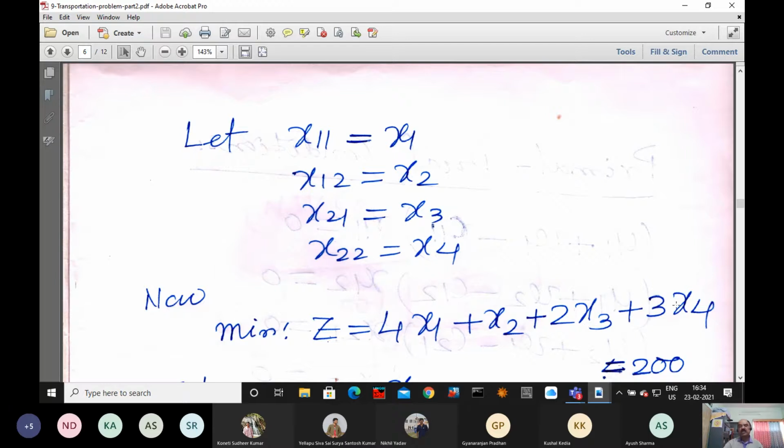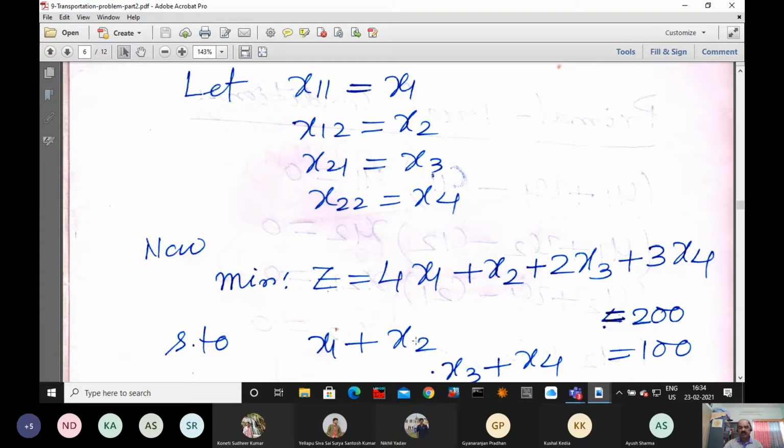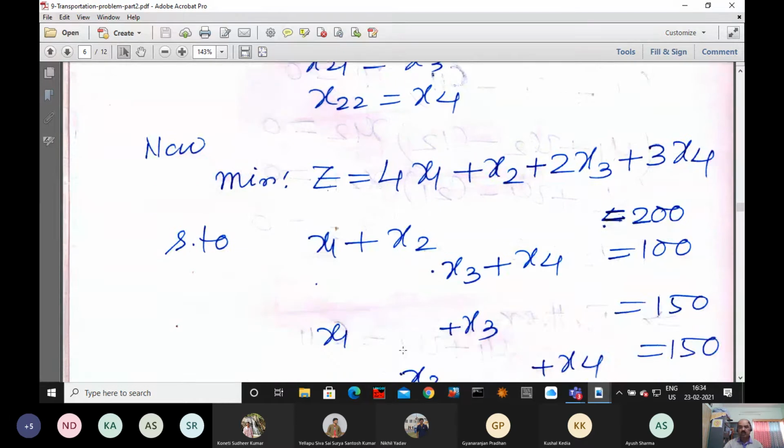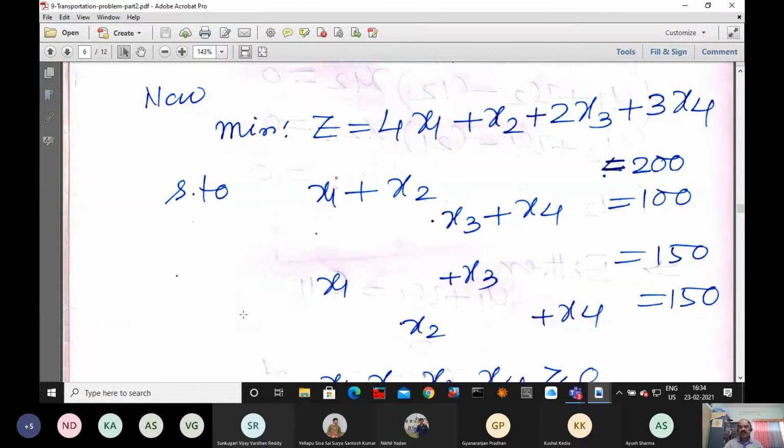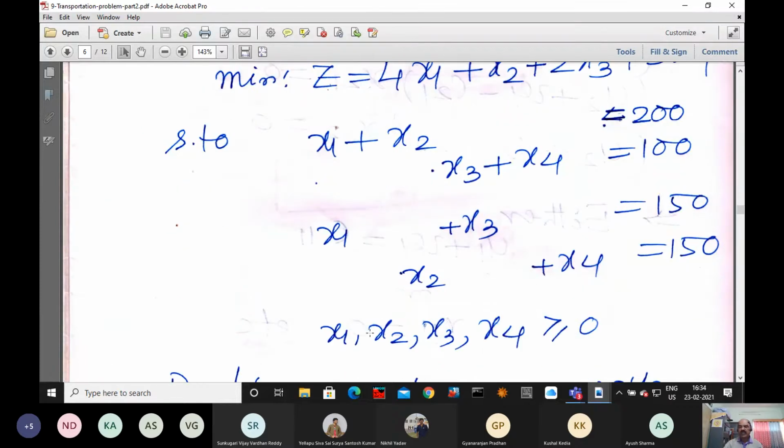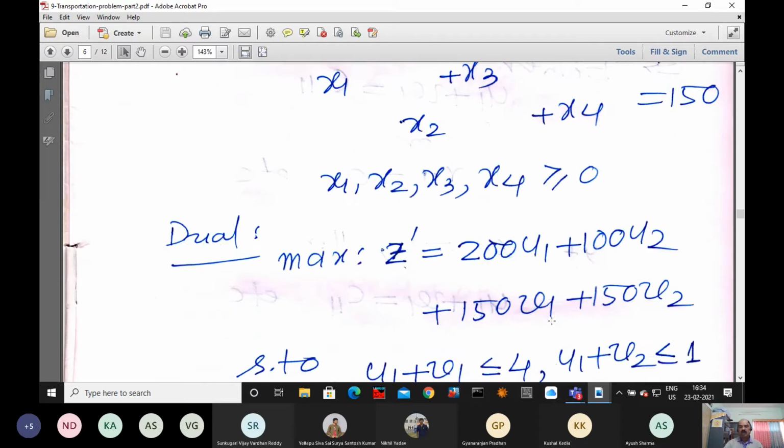As if this is a 2-index problem, we are making it single index in this manner, subject to x1 plus x2 equal to 200, x3 plus x4 equal to 100. Then we have x1 plus x3 equal to 150, then x2 plus x4 equal to 150. In this form we are writing. Then we state here x1, x2, x3, x4 are non-negative. Now what about the dual?